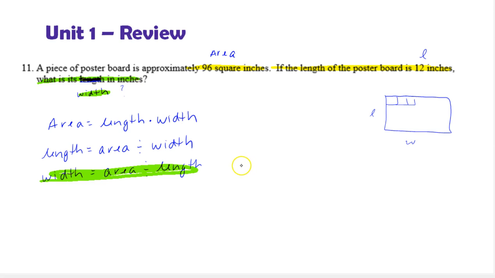So the width equals the area divided by the length. And you can do this on your calculator or by hand, and this result is 8 inches. Let's look at the next one.